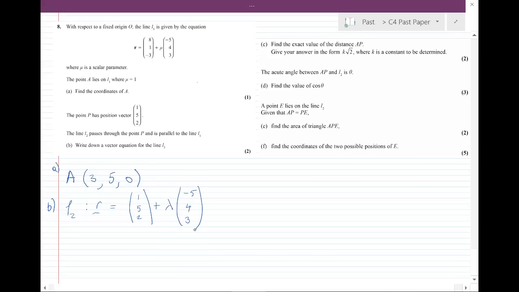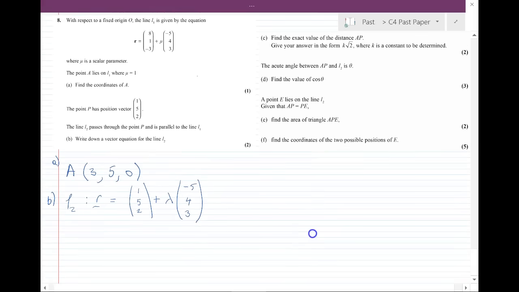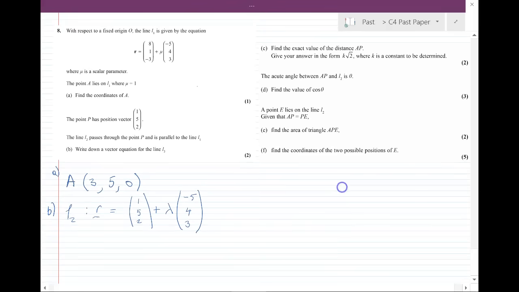Right, okay, so then that's the first few marks relatively easily got. Now it says find the exact value of the distance AP. Well, let's work out what the vector AP is.